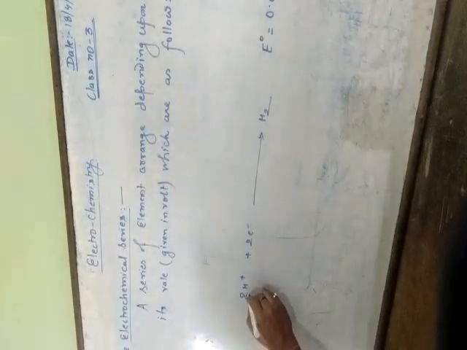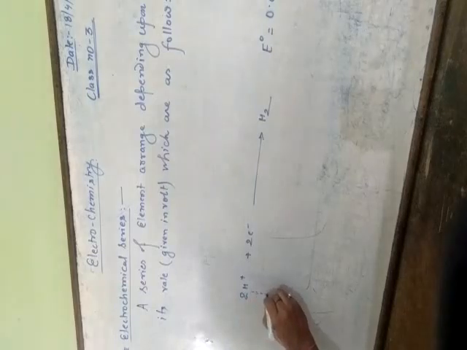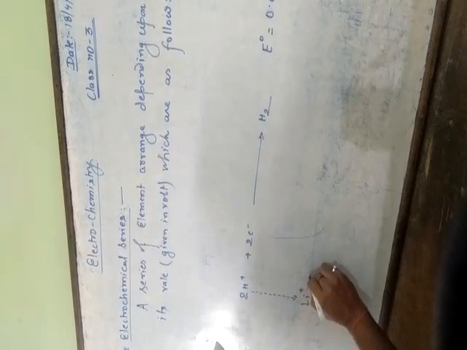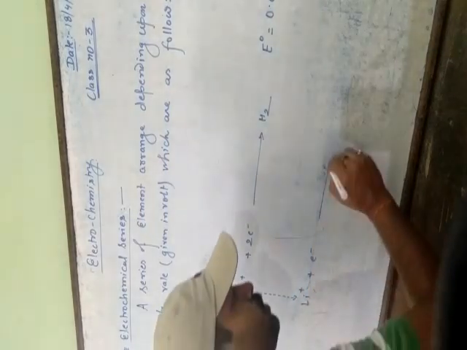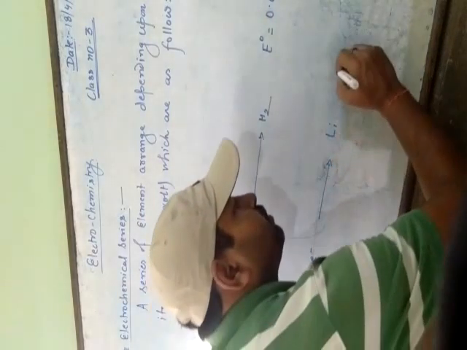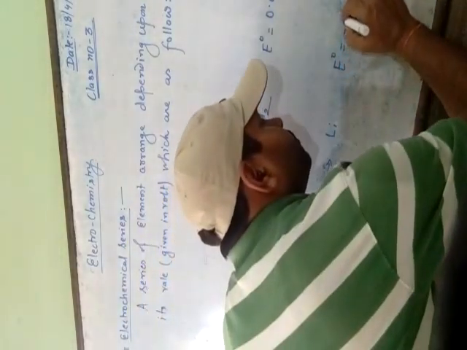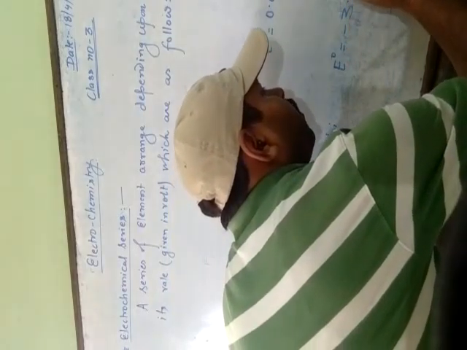When we move downward in the table, at the end, lithium ion plus 1 electron gives lithium, and its electrode potential is minus 3.05 volt.